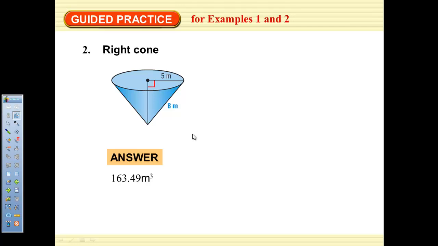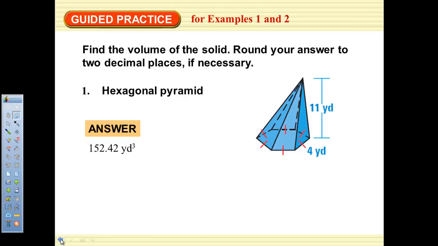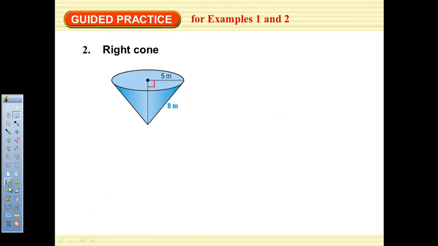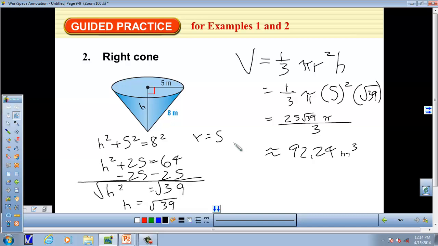Oh, I got a different answer. Let's go back and look where we went wrong. Let's see. I'm going to have to start over, probably. So let's try that again. 25 times rad 39.